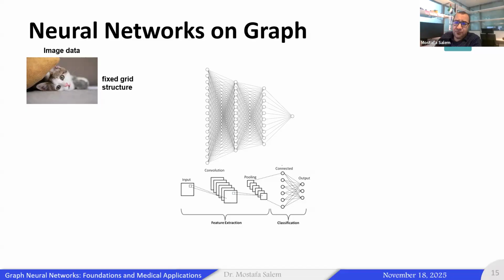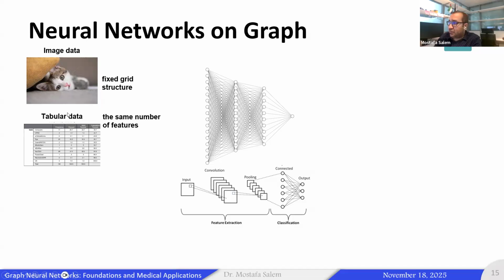But these are machine learning or deep learning architectures that can deal with image data. Image data, like the image you can see now in the slide, has a fixed grid structure. And also tabular data, where each row has the same number of features. These two kinds of data can be used as input for MLPs or CNNs.